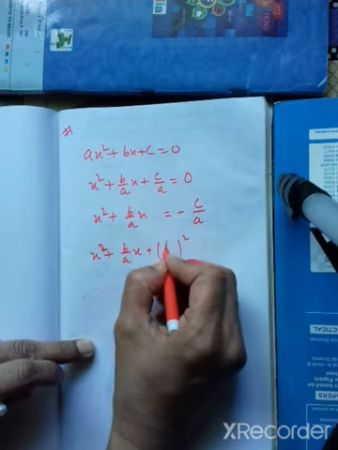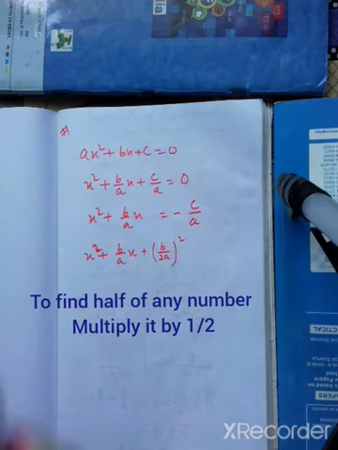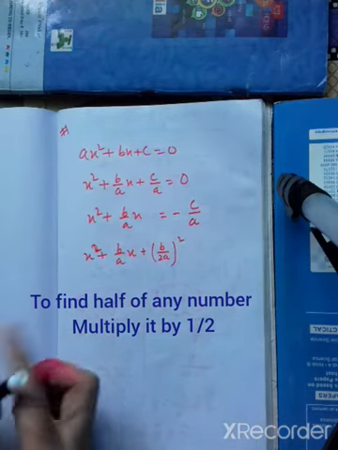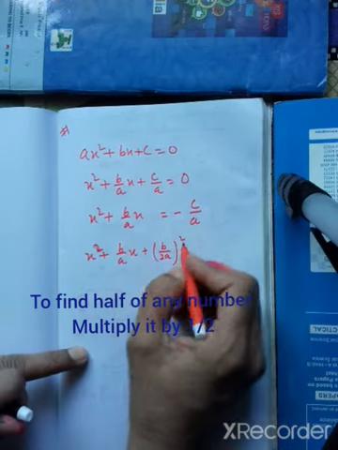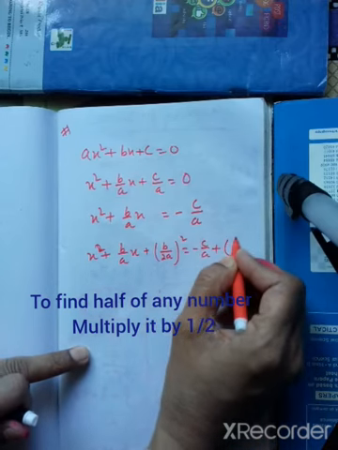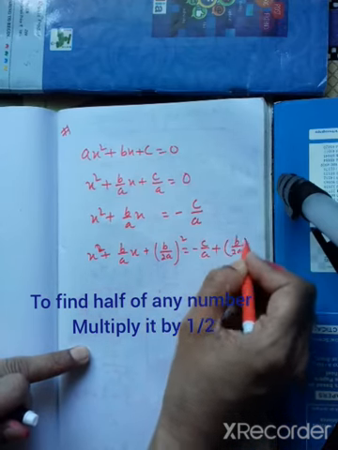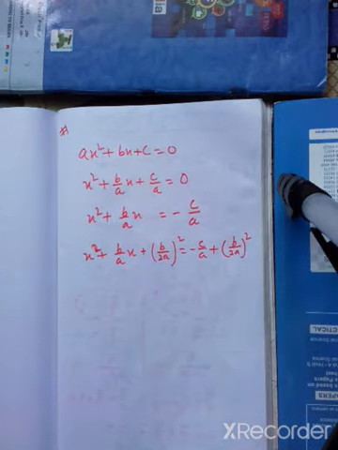That is b by 2a. So we have added b by 2a whole square on the left hand side, and we are going to add it on the right hand side also. Square of half of the coefficient of x, we add to both sides.